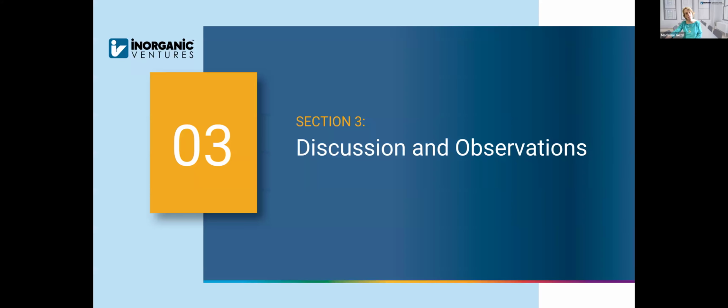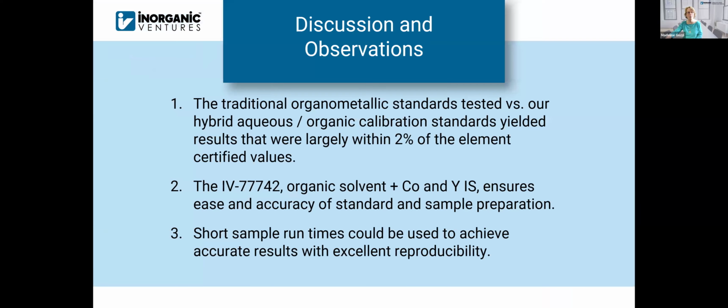So next, we'll talk a little bit about our thoughts and the observations on our work. And I'm just going to take what's right here in the slide and just say it. The traditional organometallic standards tested versus our hybrid standards yielded largely results within 2% of those elements' certified values.